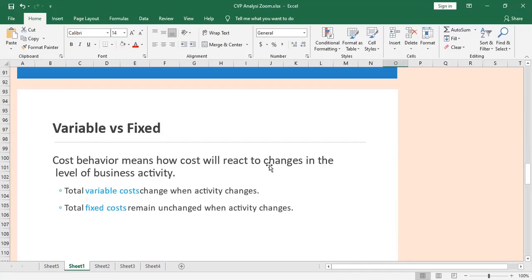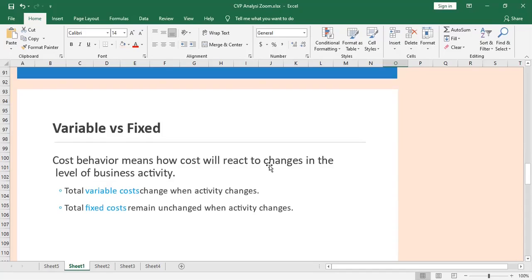So when we decide about the number of students that we are going to register into the class, we know that the maximum point is 100 students. So up to the 100 students, there's no change in the fixed cost. Even though you register 50 students, even though you register 70, 80, 90, 100, even though you didn't register any student, you will have to pay that rent for the classroom because you have already rented it. So that is fixed cost.